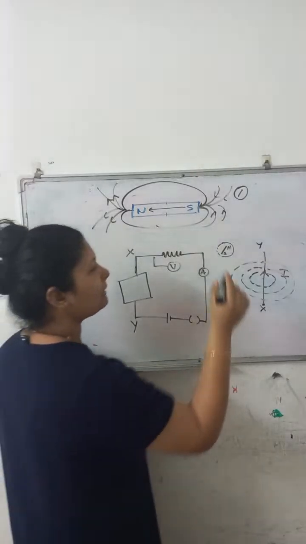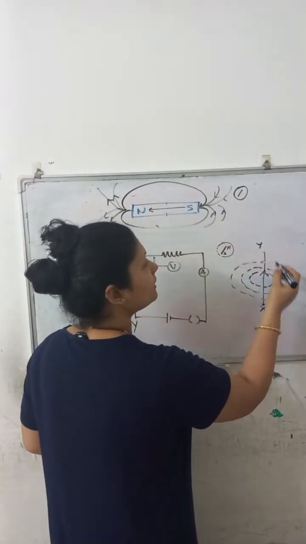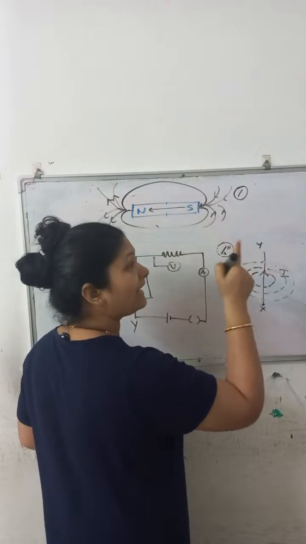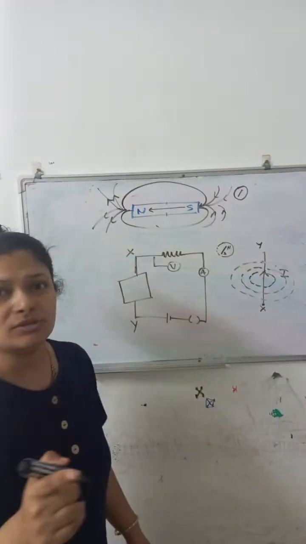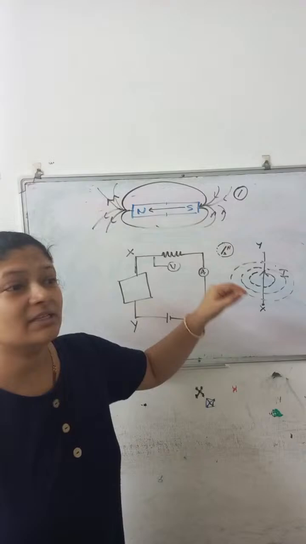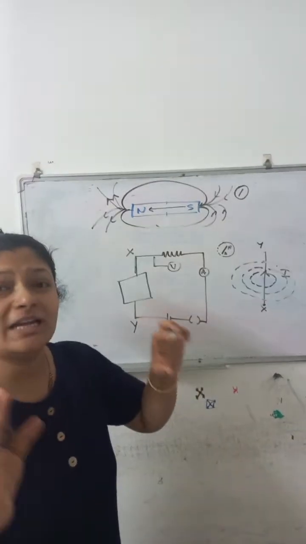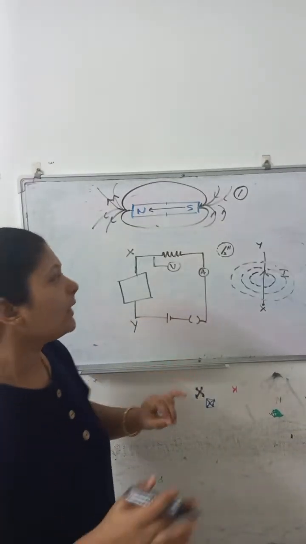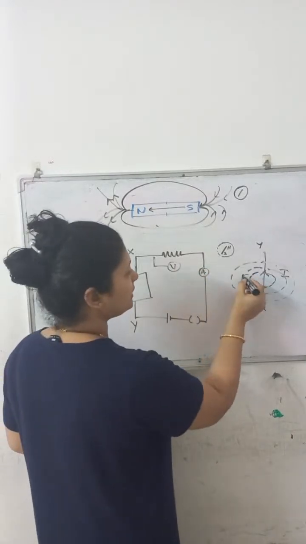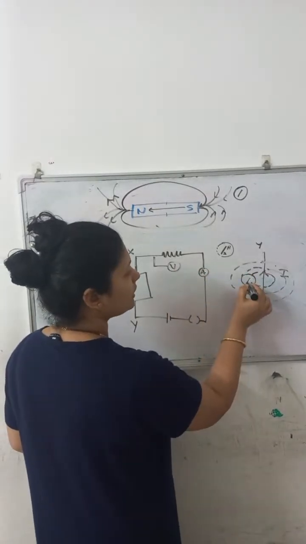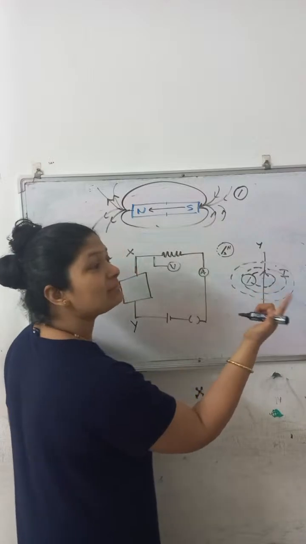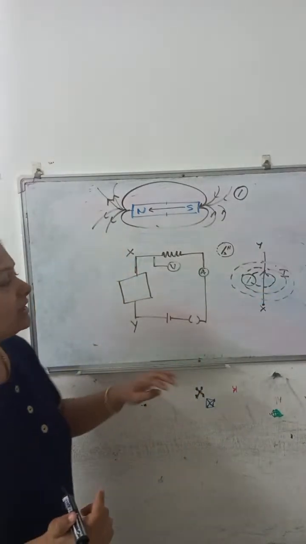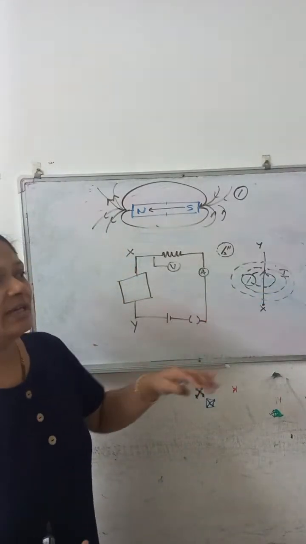And if you keep anything in this field, that object can experience a force, that means this field is exerting force on that object. Very, very important. Whenever you keep the magnetic compass here, it shows the maximum deflection, because it senses the magnetic field.